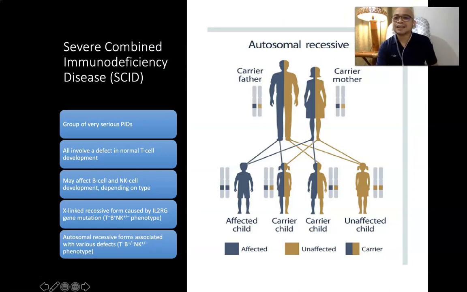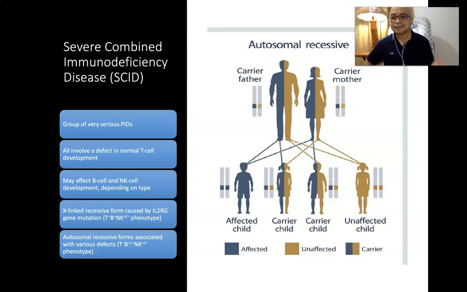It is a group of very serious PIDs, and all involve a defect of normal T cell development. It may affect B cell and natural killer cell development depending on the type that you have. Again, it could be X-linked recessive. As I've explained to you, in X-linked, the one most commonly affected would be male.